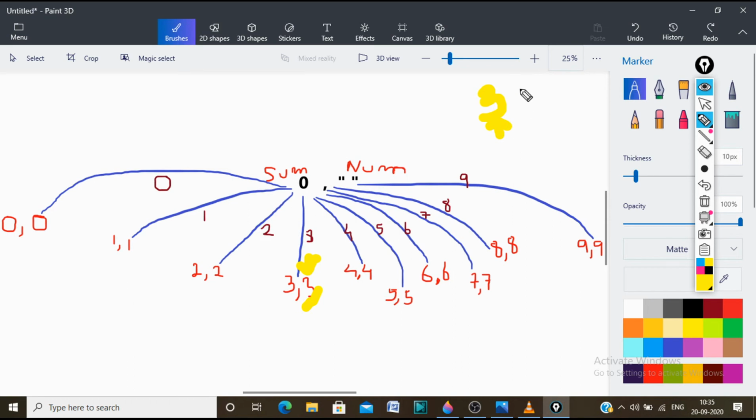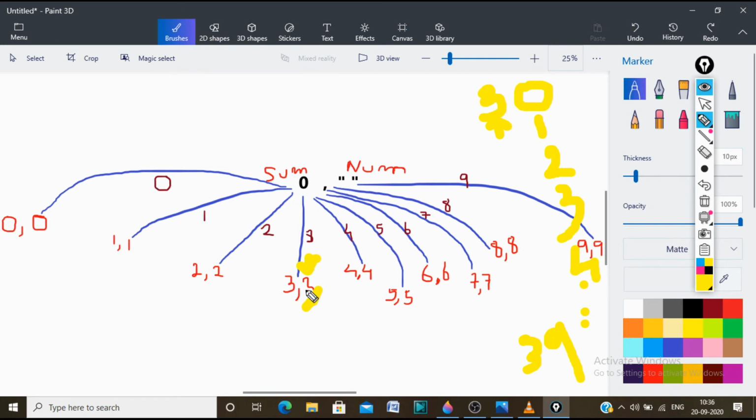This means I can add 30, 31, 32, 33, 34, and like this, it will go on till 39, isn't it?